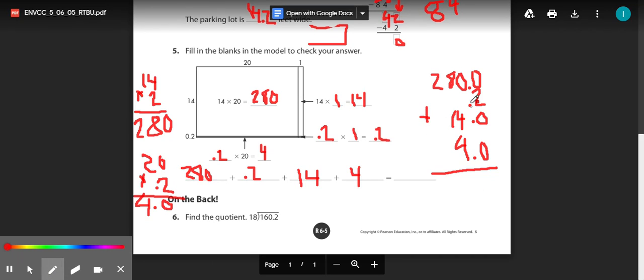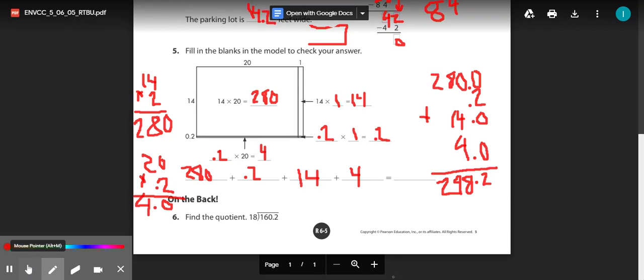All right, so let's add these all up. I'm going to add the tenths up. I have 2/10. Then I'm going to go to the ones. 4 plus 4 is 8. 8 plus 1 is 9. And 2, there's nothing in the hundreds column. And it gives me 298 and 2/10.